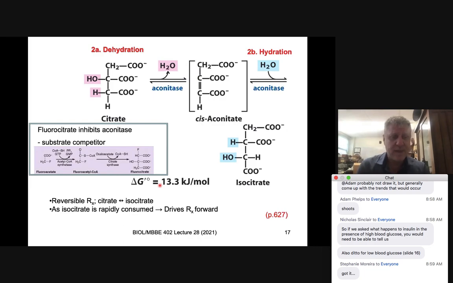In this case, we have the fluoroacetate producing the fluoroacetyl-CoA component. But what happens in the production of the fluorocitrate, that fluoro group basically screws up the whole reaction.